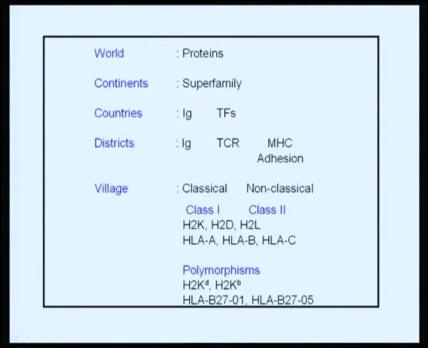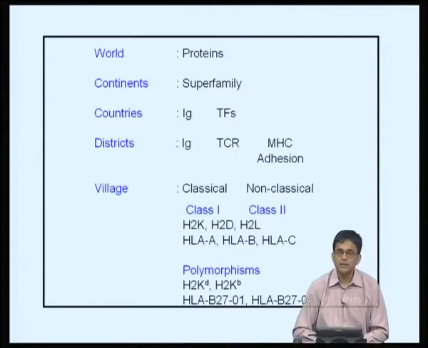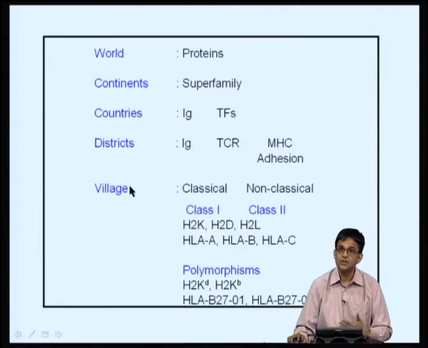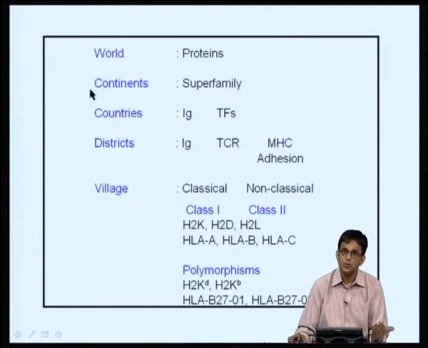One way by which we can differentiate these different genes and their roles is an analogy that I use: you have one world, but that world is divided into continents, within a continent you have countries, then districts, and then villages. So there is a way by which you can differentiate this world, which is diverse and composed of different constituents.